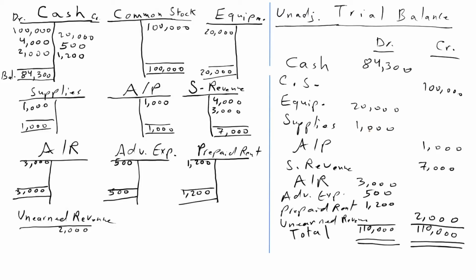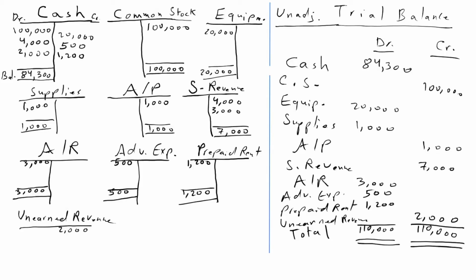And we will probably need to add more accounts that did not exist before, and that were created once we came up with the adjusting entries. So we're going to add them. Remember, the trial balance has to have each and every account the company is using, each and every account that has some balance in it.